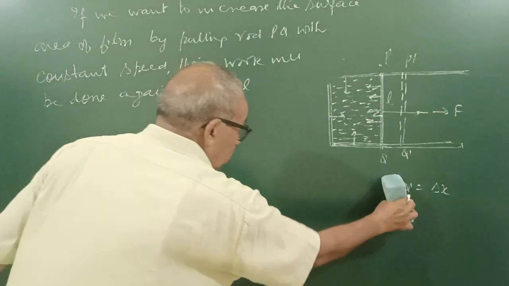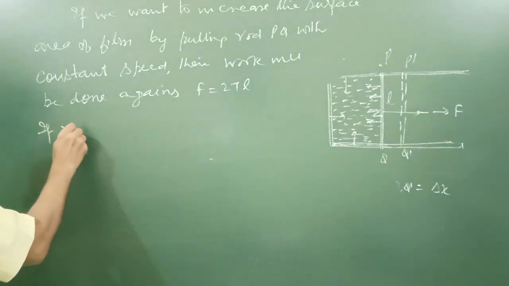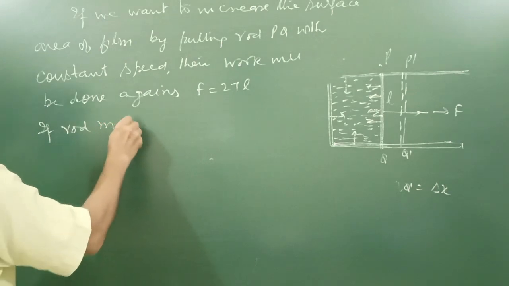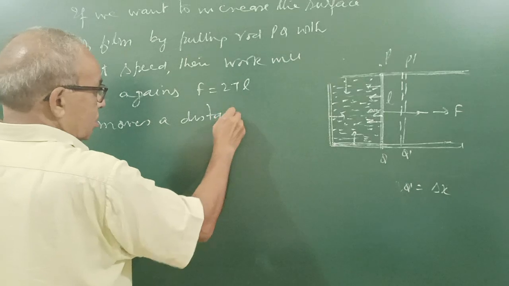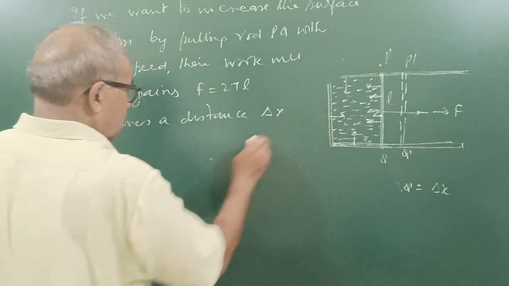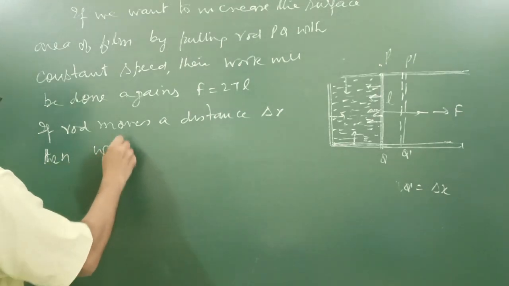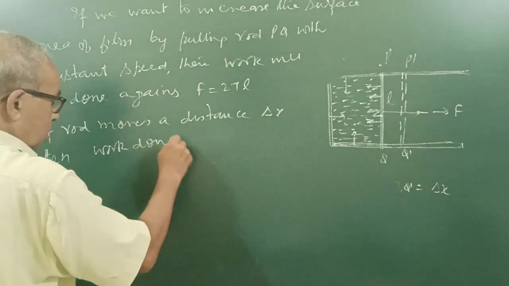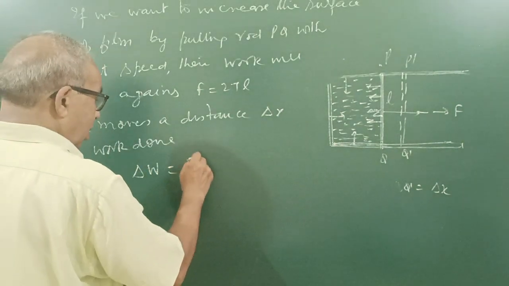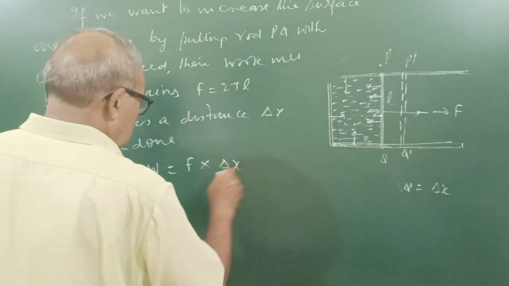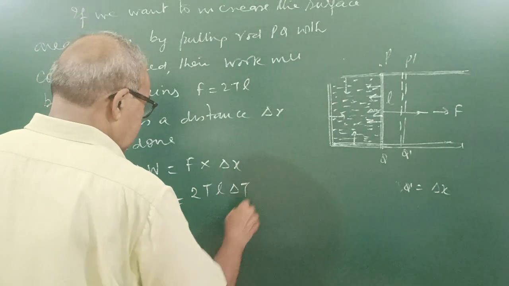If rod PQ moves a distance delta x, then work done delta W equals F into delta x, or it is 2TL delta x.